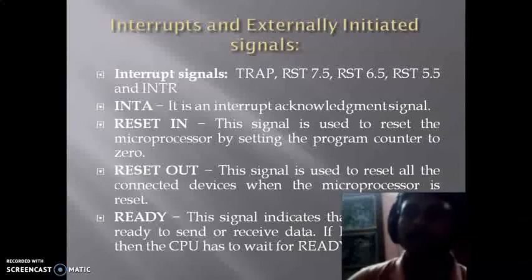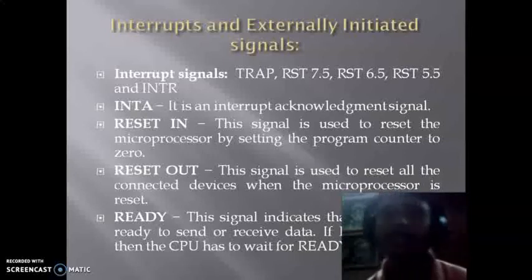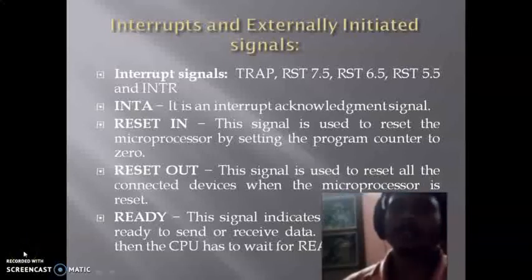That's why the ready signal, an externally in signal, is sent to the microprocessor, telling it that this peripheral device is ready to accept the data. Then only the microprocessor can send the data to the peripheral device. So this is the operation of the ready signal.